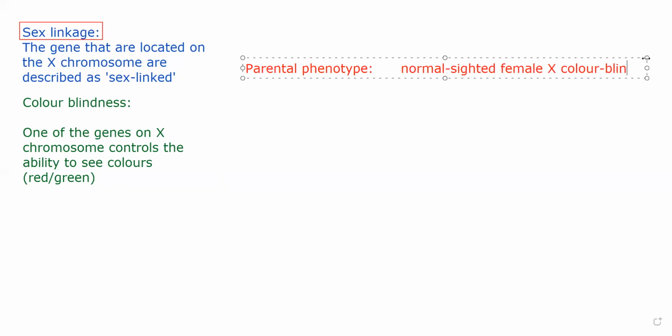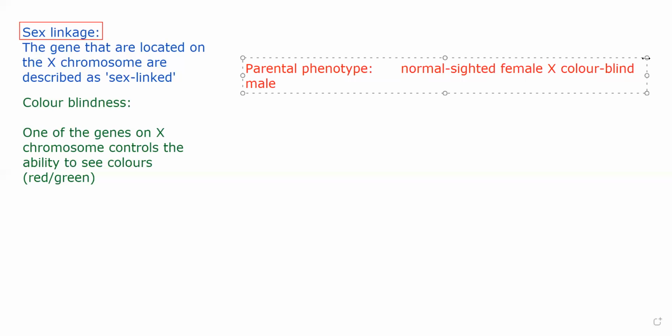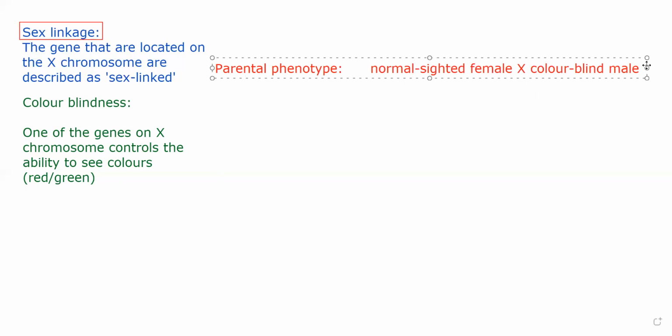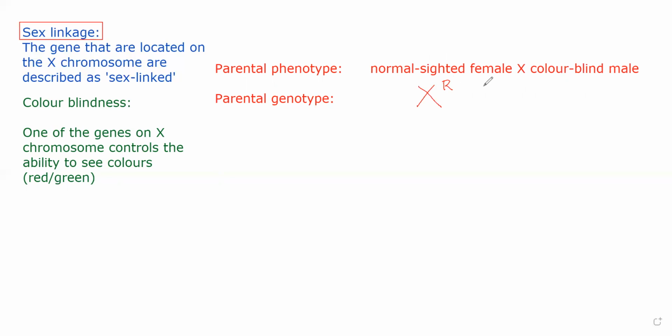Now, what is my parental genotype? Since the normal sighted female will have both capital R, she's normal sighted.